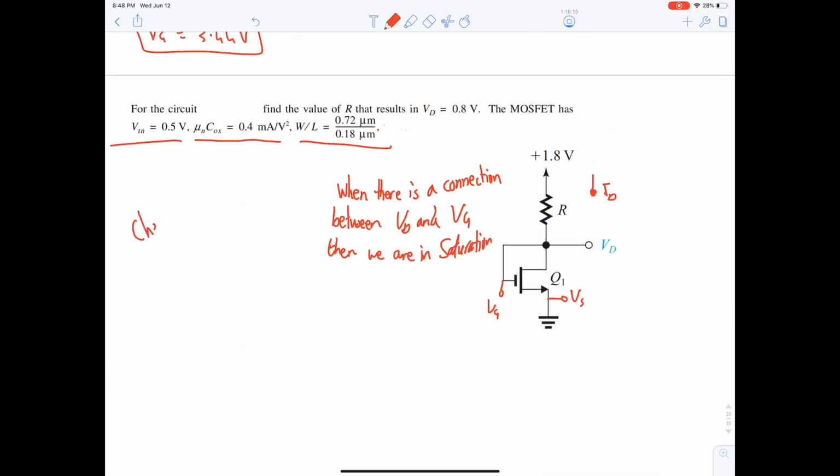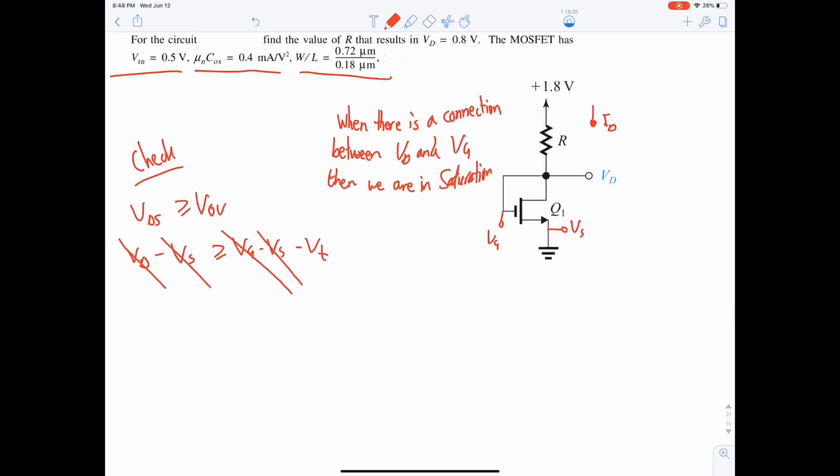Check. VDS has to be greater than or equal to VOV, which is equal to VG minus VS minus VT. VD minus VS, VS and VS, they cancel each other out. VD and VG, they are equal, so they cancel each other out. What we're left with here is 0.